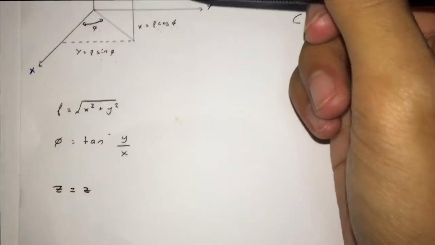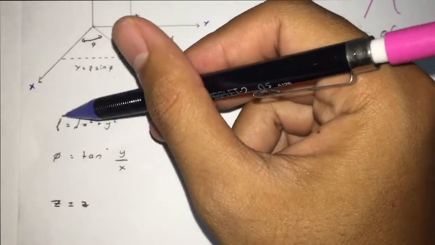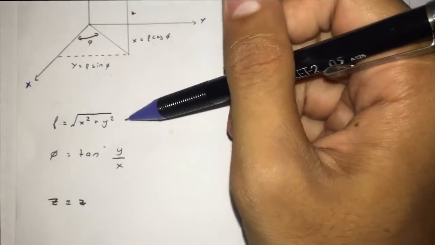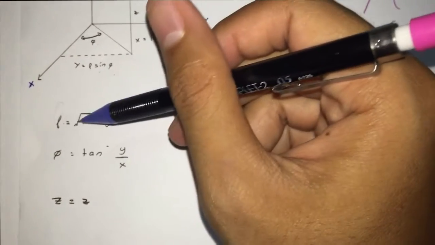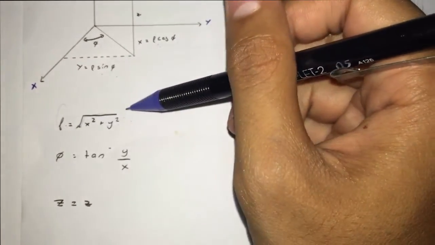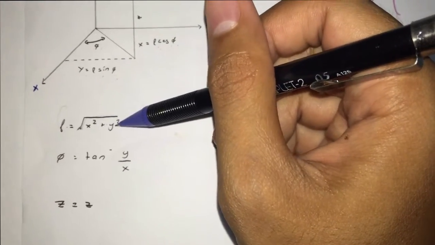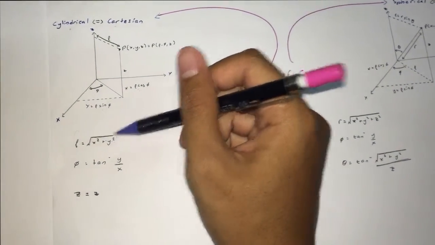So we will get the value of rho using this formula, square root of x square plus y square, for Cartesian to cylindrical.